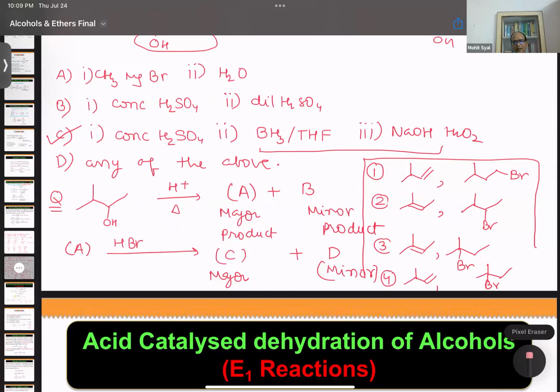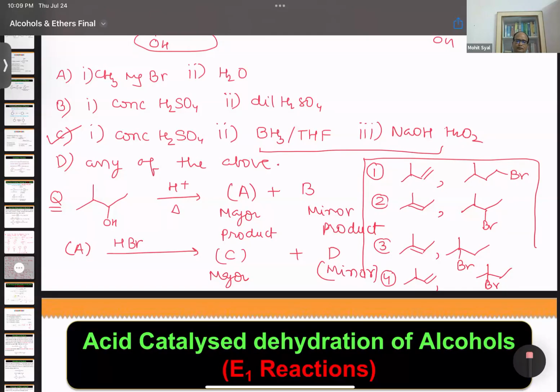Is it the alkene given in first and fourth option or second or third option? By looking at the first reaction, you can make out whether you are going to choose the first or the fourth option. First and fourth have the same alkene, and the second and third have the same alkene. So that will let you decide whether you are going to go for first and fourth or second and third.